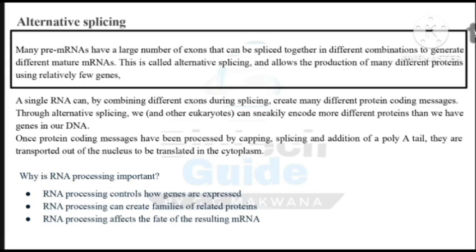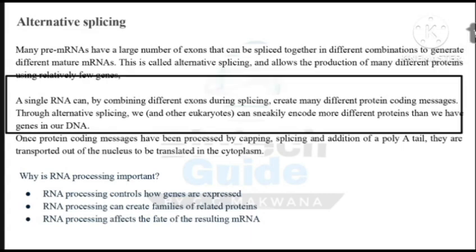Basically that allows for the production of many different kinds of protein. So a single RNA, by combining different exons during splicing, can create many different protein-coding messages through alternative splicing. We and other eukaryotes can sneakily encode more different proteins than we have genes in our DNA.